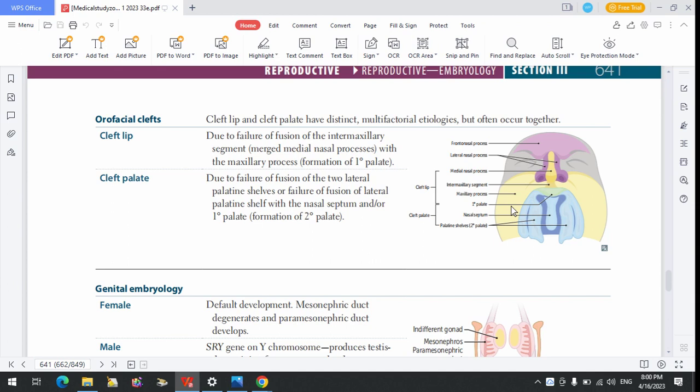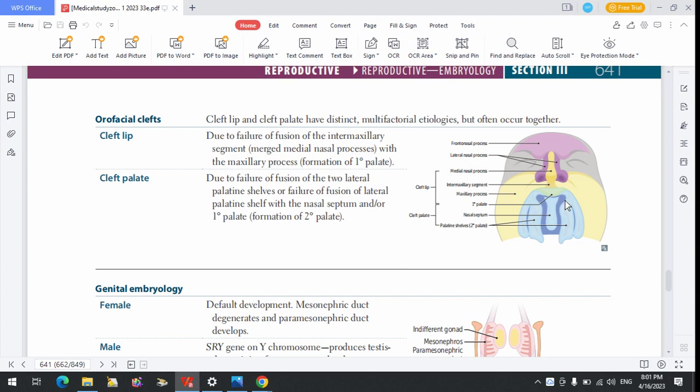So the problem with cleft palate is that if there is failure of fusion of the lateral palatine shelves, number one, or one of the palatine shelves fails to fuse with the nasal septum, number two, or the lateral palatine shelf fails to fuse with the primary palate, number three.